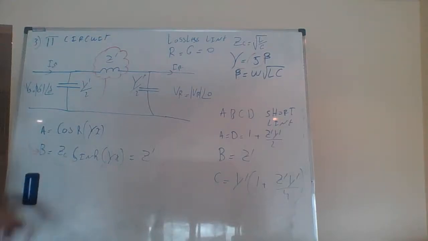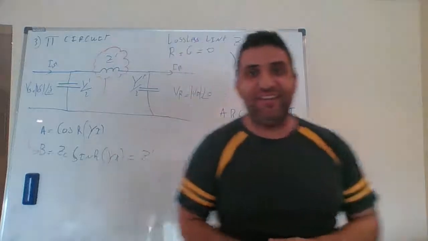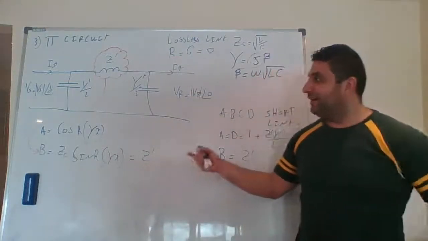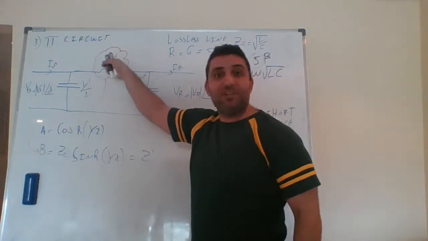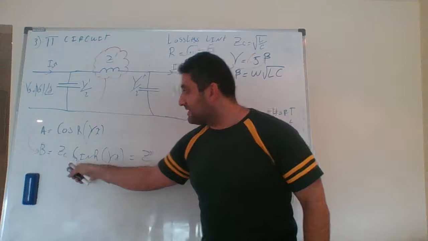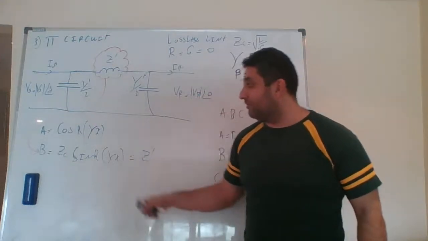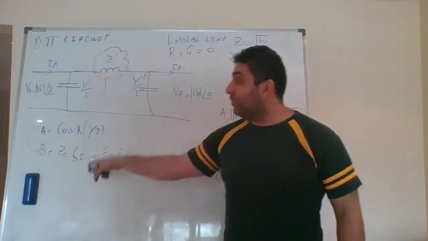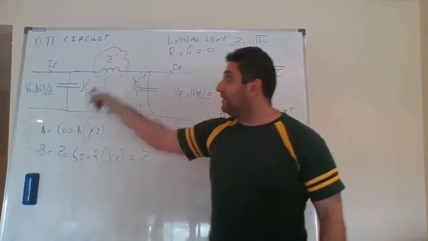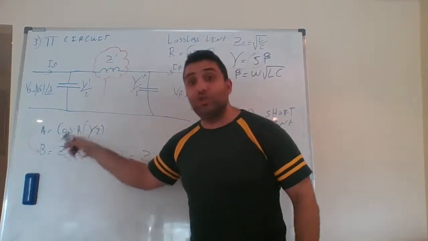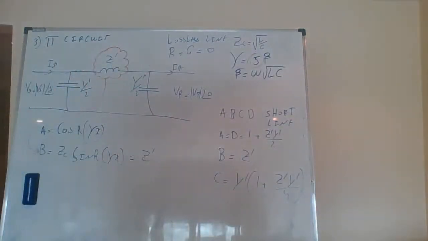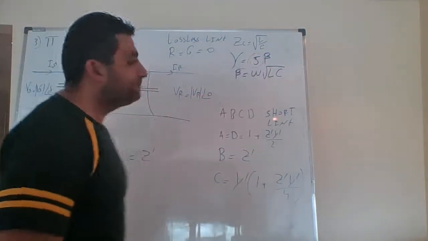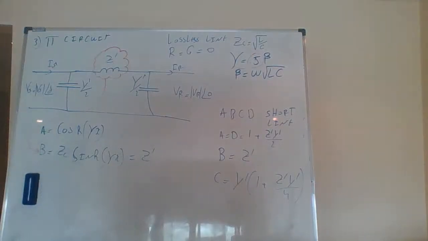And I know also what B is for a lossless transmission line. Can you see the link now? I already have B for a lossless transmission line. So therefore, Z dash for a long transmission line is equal to ZC sine hyperbolic of gamma x. And for a lossless transmission line, it's equal to j ZC sine beta x. Remember the complex j. Okay, perfect. Great.